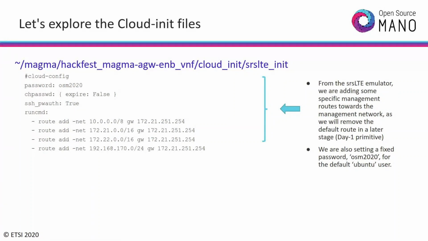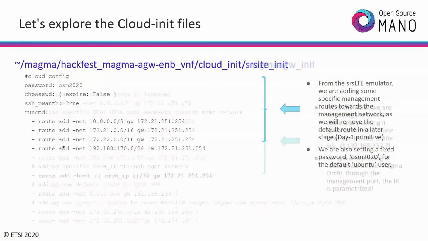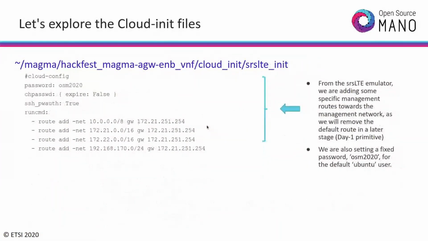But at the end, we need some internet here to install some packages, and then we remove that route and point this emulator to the MAC-Access gateway, so it can go to internet through the packet core and not through the management. Okay, so at the end, we are just manipulating static routes with Cloud-init. That is what we are doing.